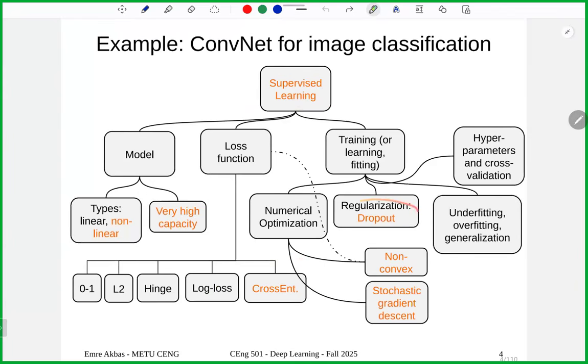We usually use dropout or other regularization methods different from linear SVM. Its loss function is non-convex as opposed to linear SVM. And we optimize it using stochastic gradient descent methods, SGD, and their adaptive versions like ADAM and so on.